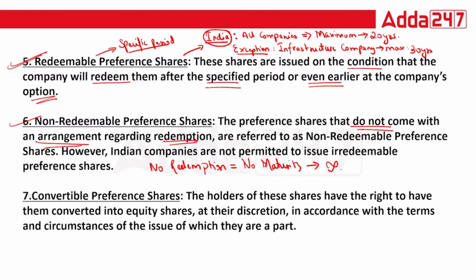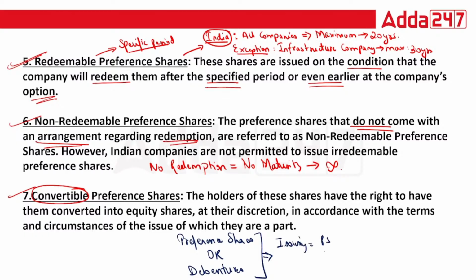After that, you have convertible preferentials. Remember, whenever you see this term convertible, always remember, whether you are issuing preferentials or debentures, this point is for both sources of funds.